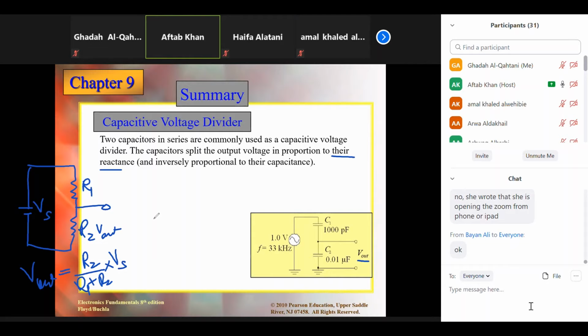Now, the same formula you can write for this capacitive reactance. This is, let's say, XC1, and let's suppose this is XC2. So I can write the formula V out is equal to XC2 over XC1 plus XC2 multiplied by Vs. Did you get it?